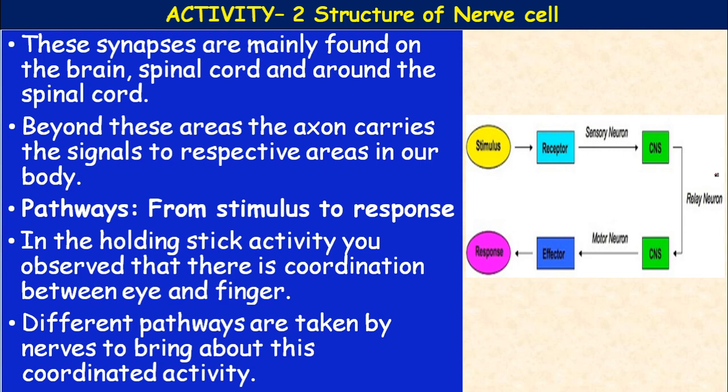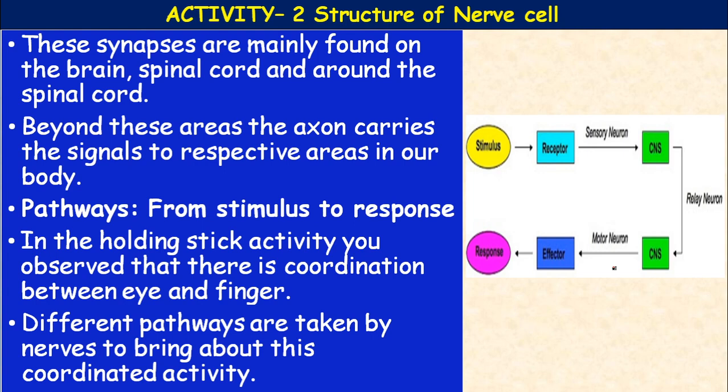So that information is processed or relayed by the neurons, and the response is generated. That response is carried by the motor neuron. We are going to discuss further the types of neurons. There are three main types of neurons: sensory or afferent neurons, motor or efferent neurons, and associated neurons or interneurons.